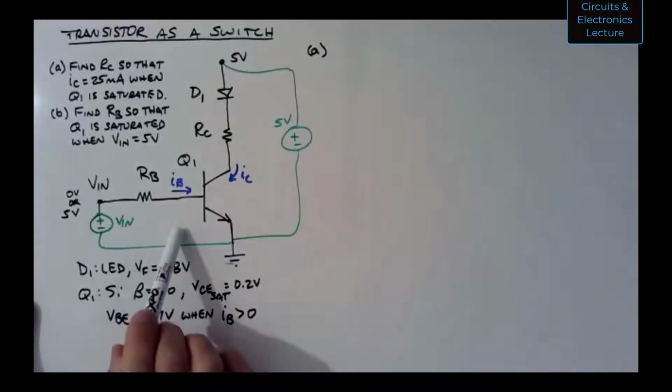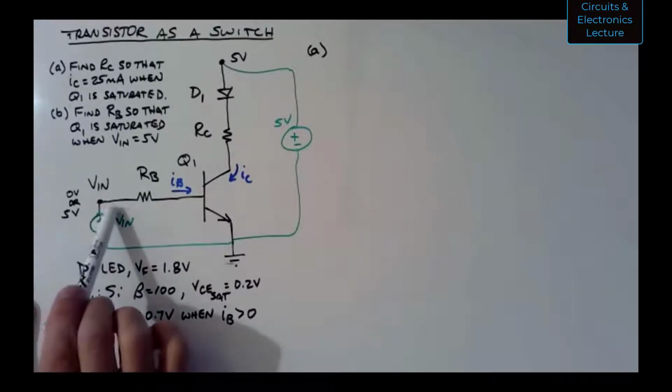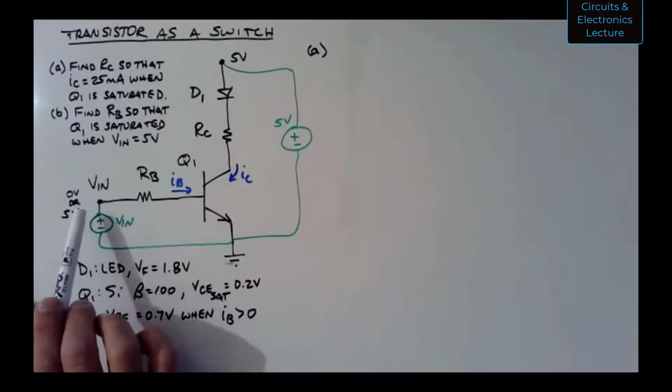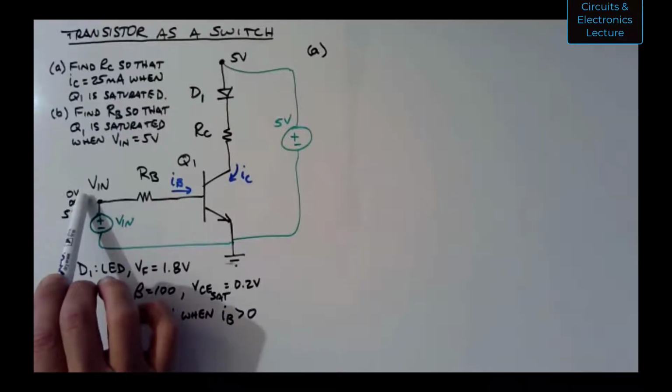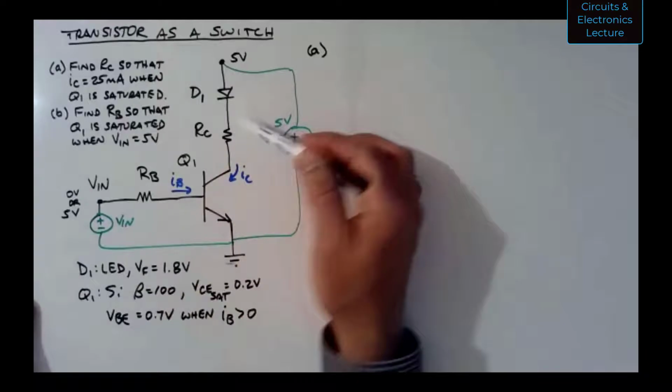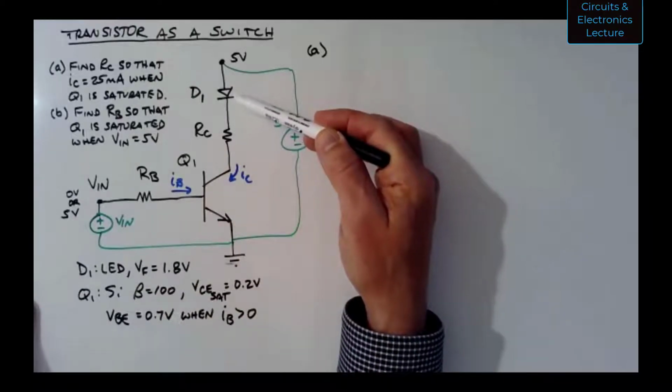Professor? Yes. Why is it that we wrote in that Vin is either 0 volts or 5 volts? So what I'm designing here is a circuit where Vin will be either one of these. And what I want to do is when Vin is 0 volts, I want the LED turned off. There's no current flowing through it.